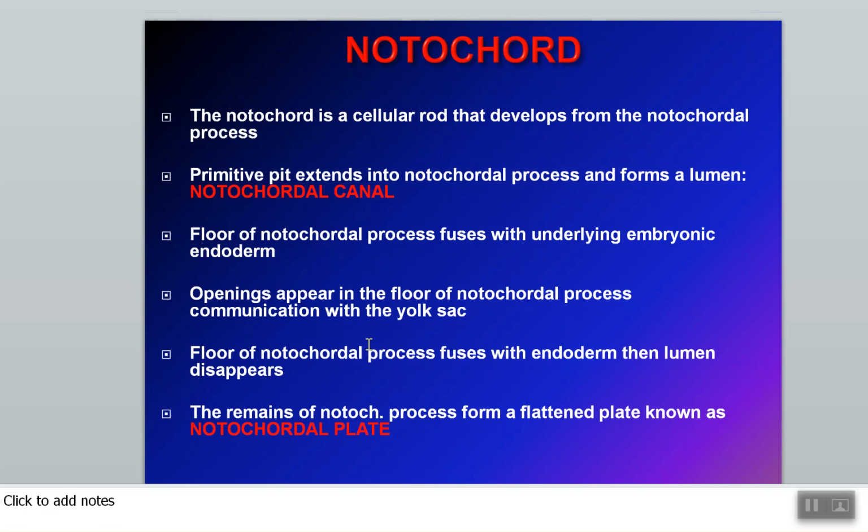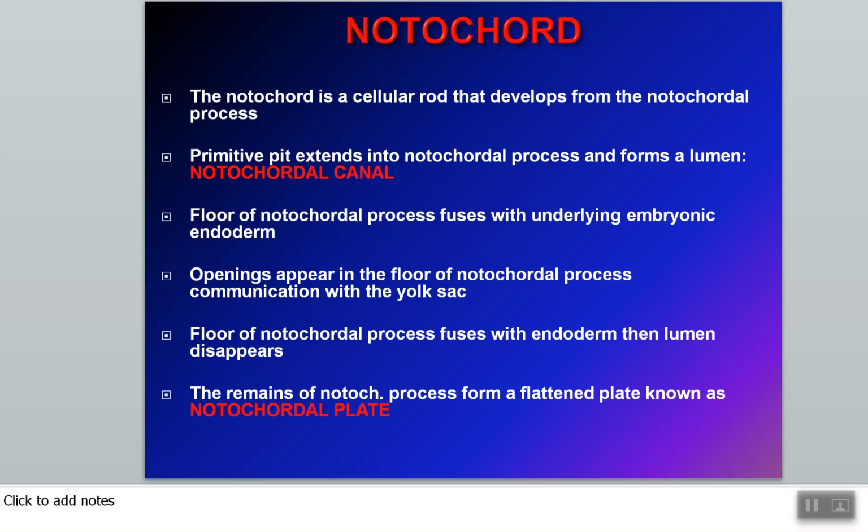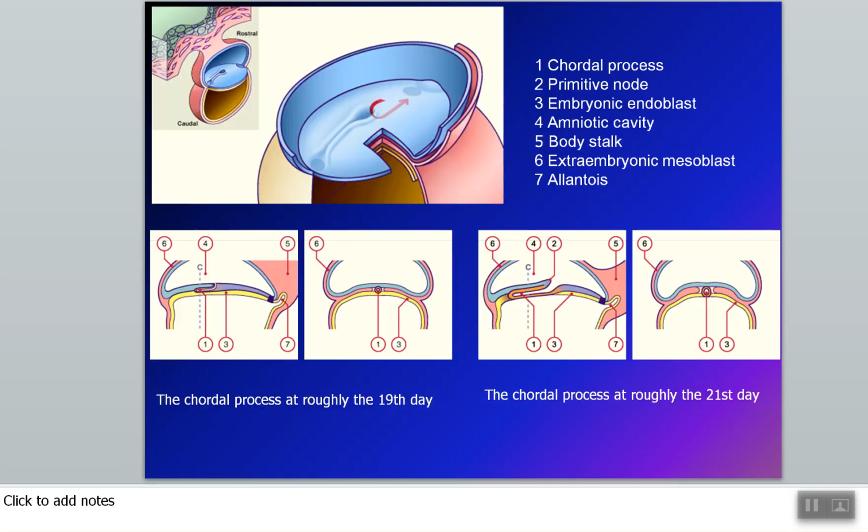And as I told you, the notochord is a cellular rod that developed from the notochordal process, but the formation of the notochord is a complex process that I want to show you in real pictures.